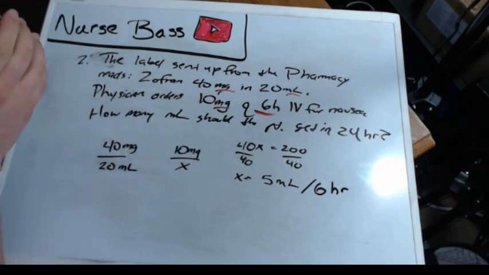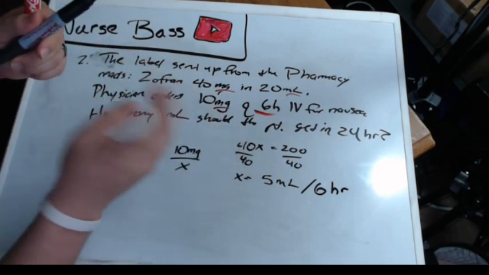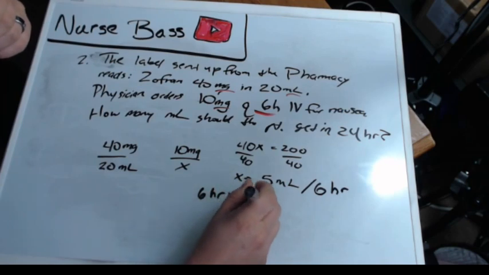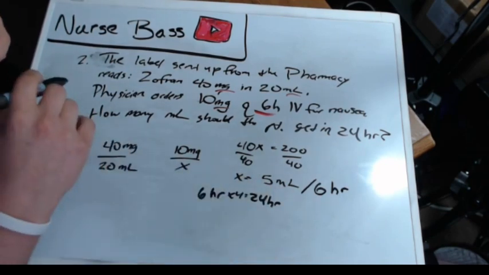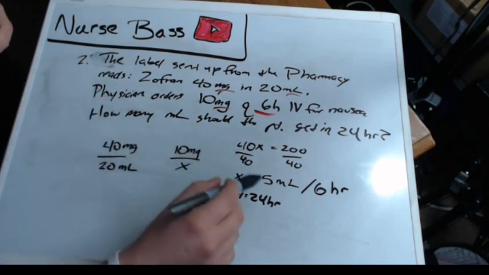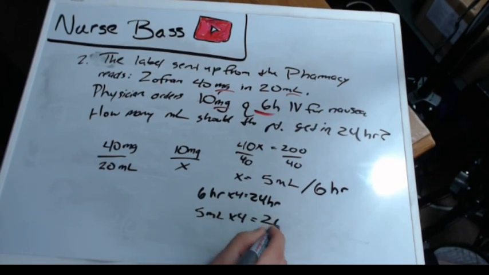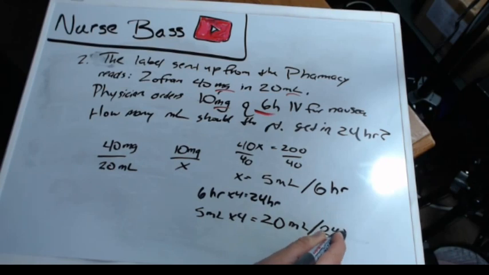So to get to 24 hours, you times 6 by 4, right? 6 hours times 4 equals 24 hours. We need to times the top by 4 as well. So 5 milliliters times 4 equals 20 milliliters every 24 hours.